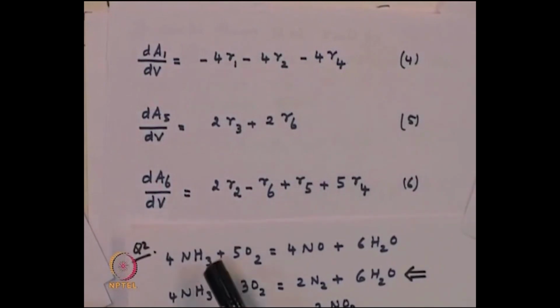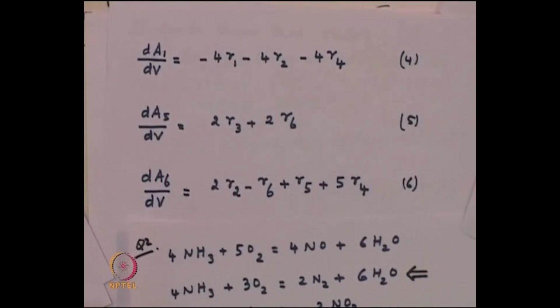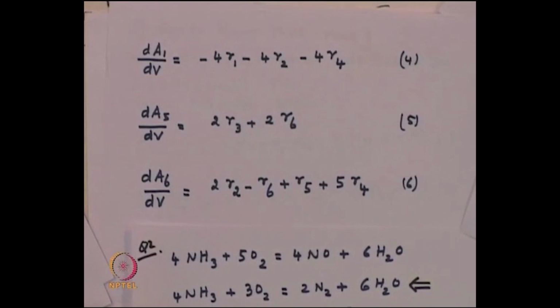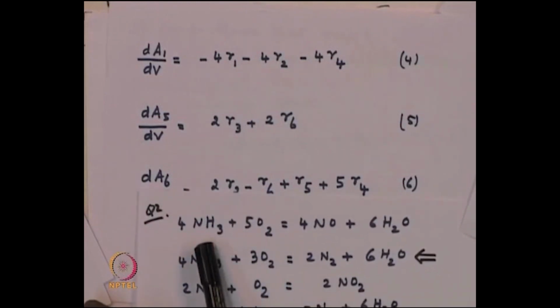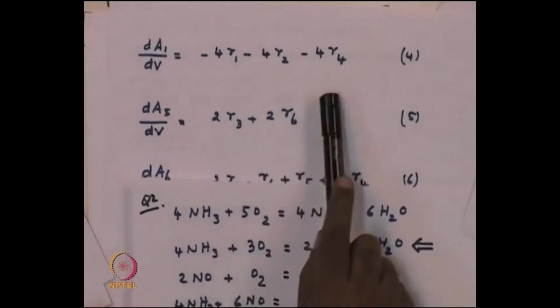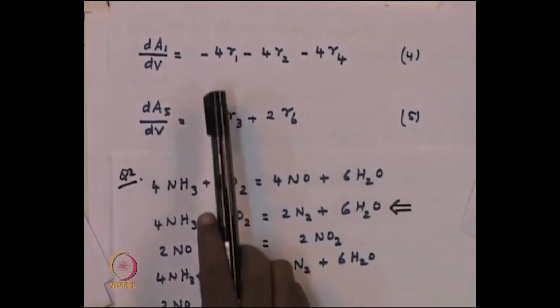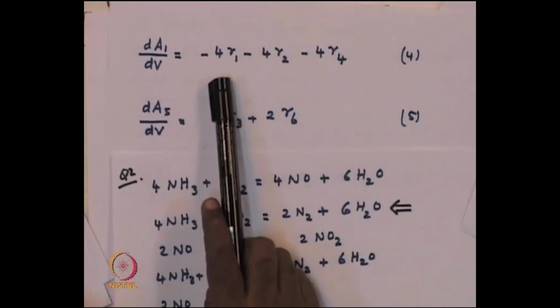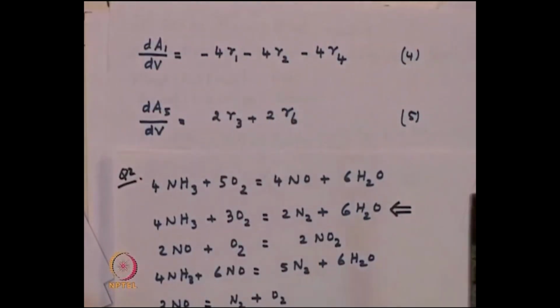According to us, A1 is ammonia. So, ammonia is involved in reaction 1, reaction 2, reaction 4. So, reaction 1 is minus 4, reaction 2 is minus 4, reaction 4 is also minus 4. So, the stoichiometric coefficient of ammonia is minus 4. The reason it is minus 4 is because it is a reactant.